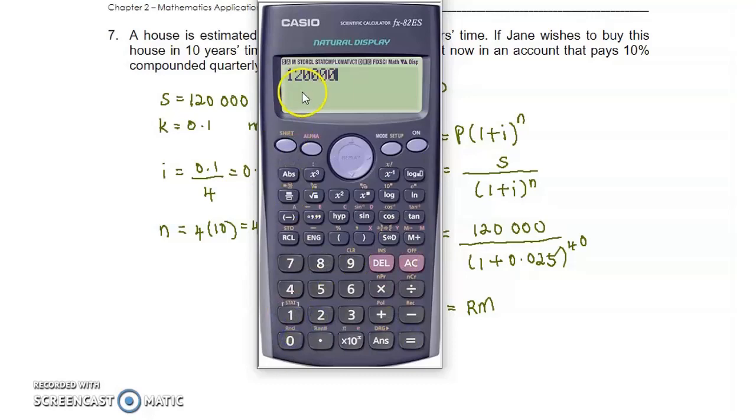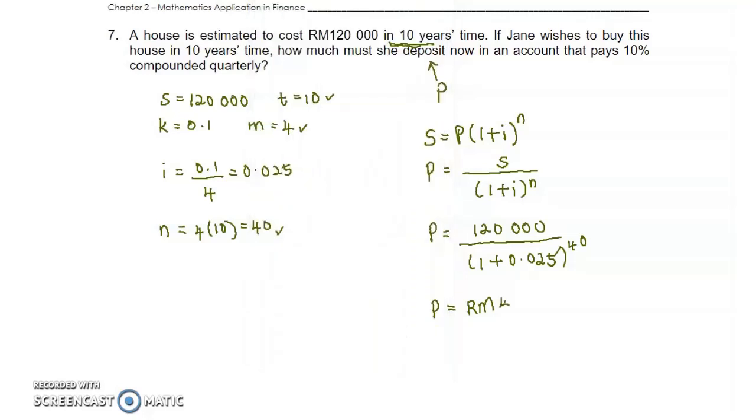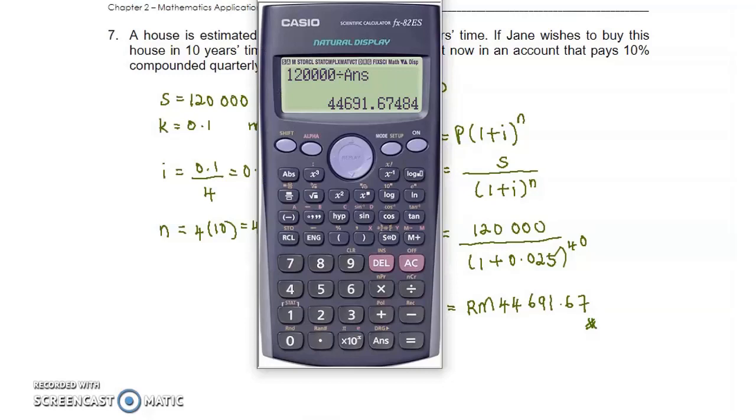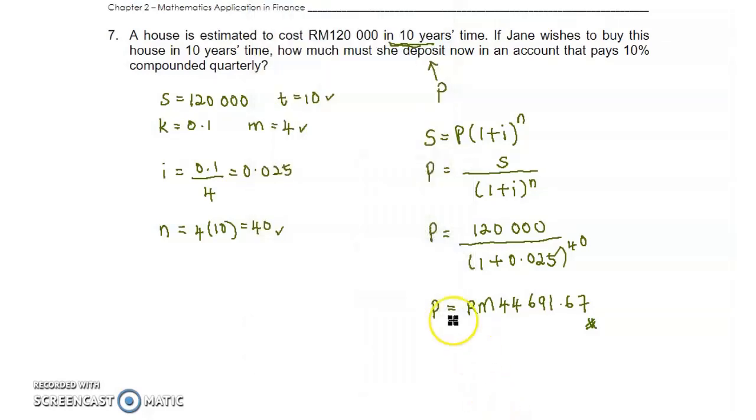So 120,000 divided by the answer. So 44,691 ringgit 67 cents, 44691.67.